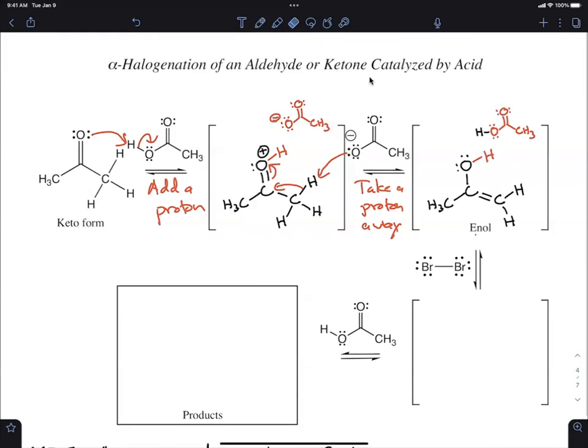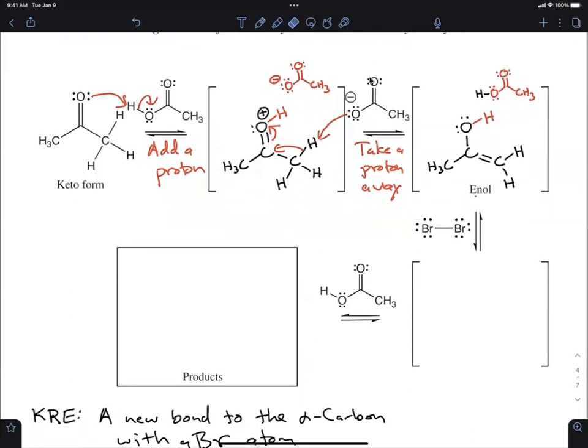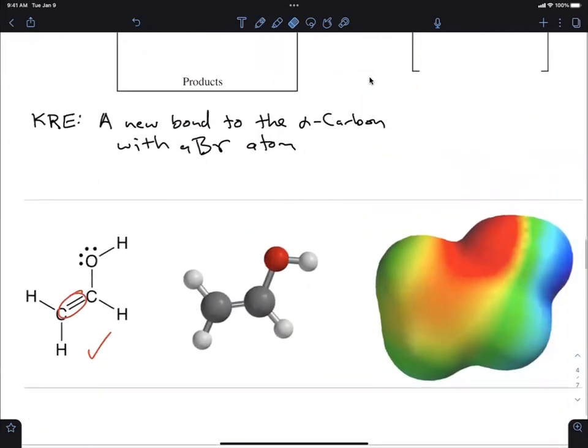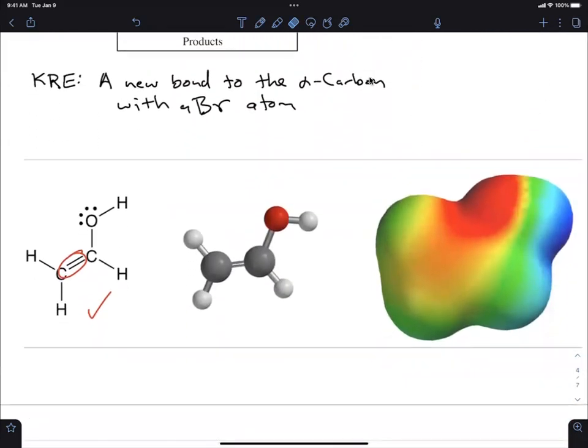And now you know why I was telling you about the personality of an enol. Because even though it's not favored at equilibrium, there will be a small amount because of the acid catalysis by the acetic acid. And recalling that the enol has the personality of a weak nucleophile by virtue of the pi electron density that's associated with the double bond.